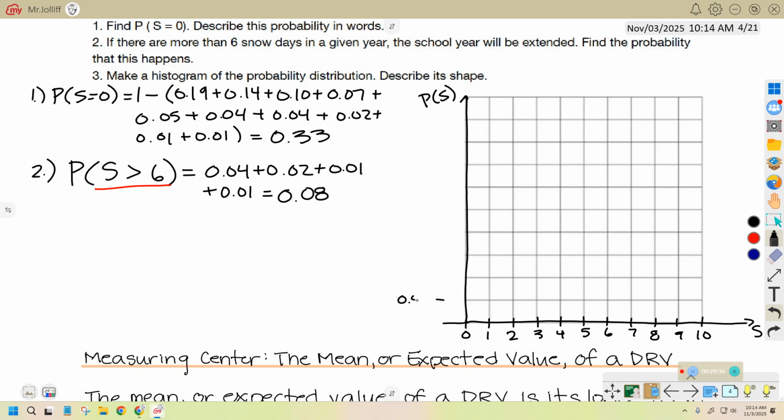So 0.4. I guess I could do it right here. So 0.4. Oh my gosh, why can't I write today?